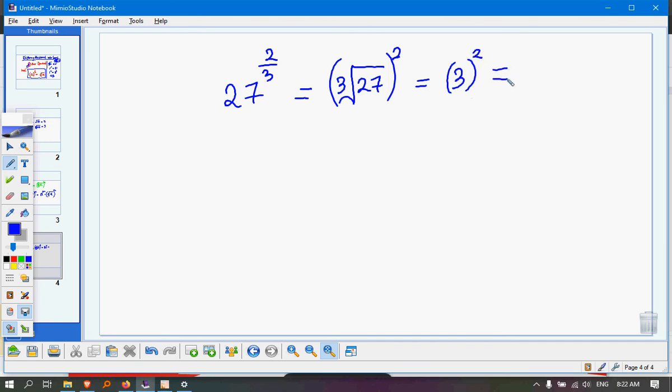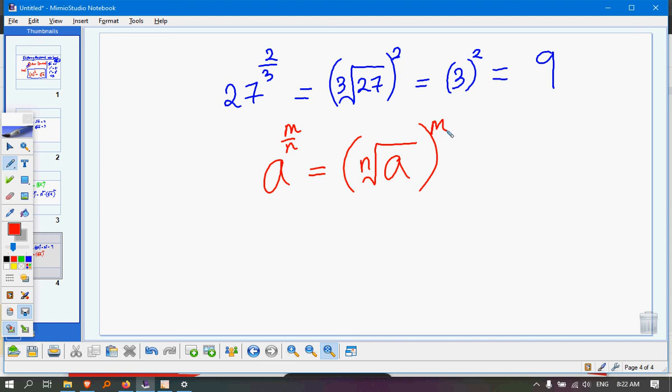Squared, it's going to become 9. Just a brief summary: if I have a to the power m over n, the denominator becomes the nth root and the numerator becomes the whole power. Please don't forget that.